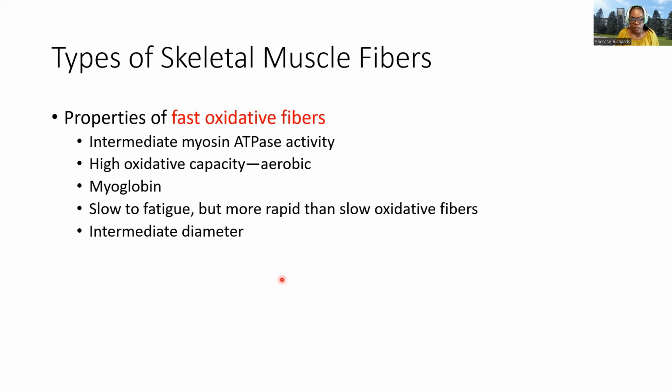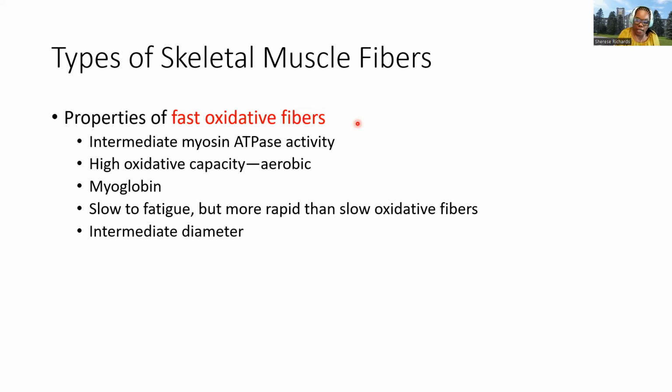Now, somewhere in the middle here is our fast oxidative. So they're not entirely fast as fast glycolytic, and they're not entirely slow as slow oxidative. So they have an intermediate myosin ATPase activity. They have a high oxidative capacity because they are oxidative in terms of their last name, right? The second name of the fiber. But they are still going to be a little bit slower to fatigue than our fast glycolytic fibers, if that makes sense.